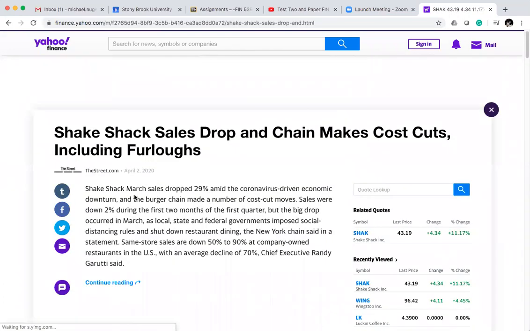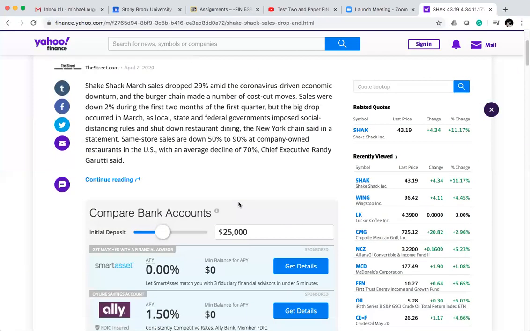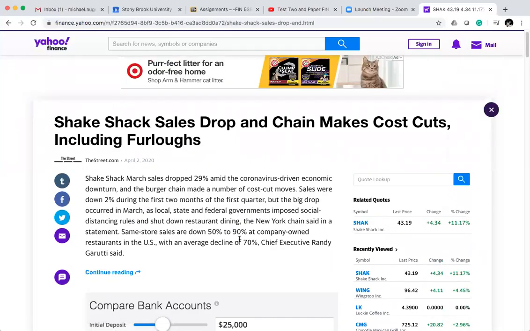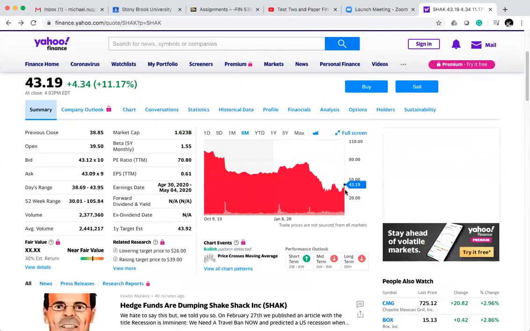In this news, their March sales dropped by 29%. Same-store sales are down 50 to 90% at company-owned restaurants, so an average decline of 70%. That's a huge decline, and that's going to go on for a while. So it's really surprising to me that after they made that news, the stock price went up $10 per share.